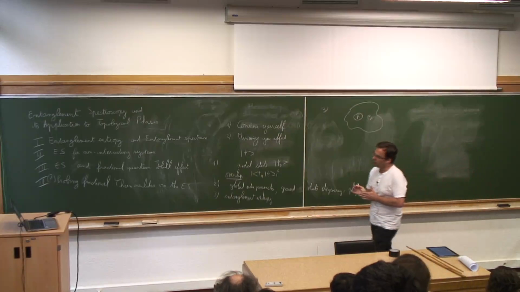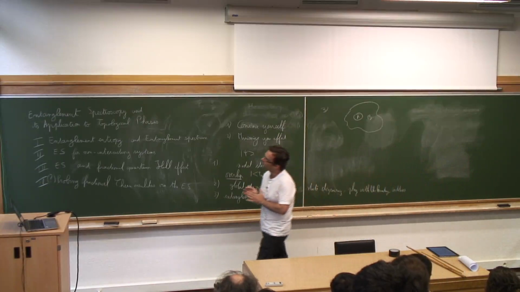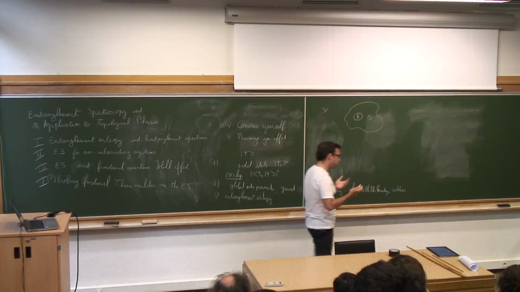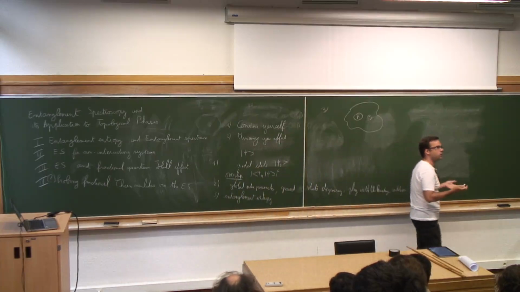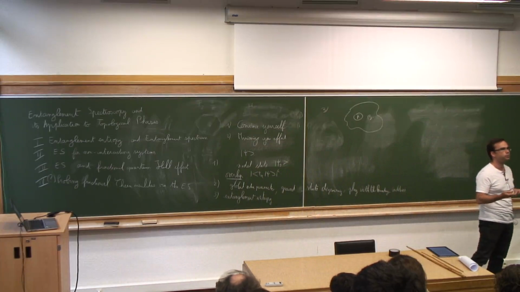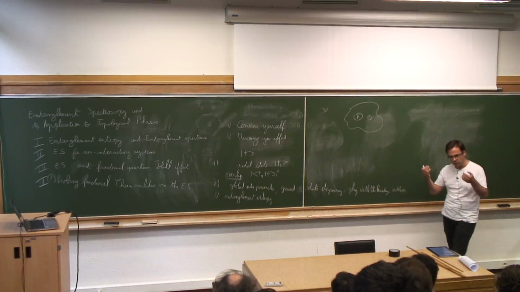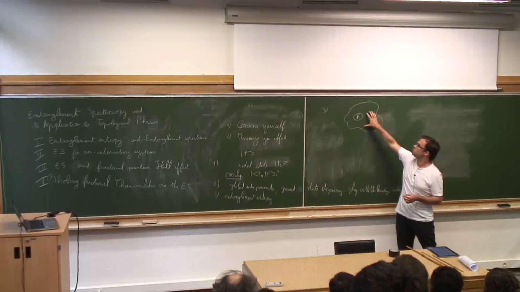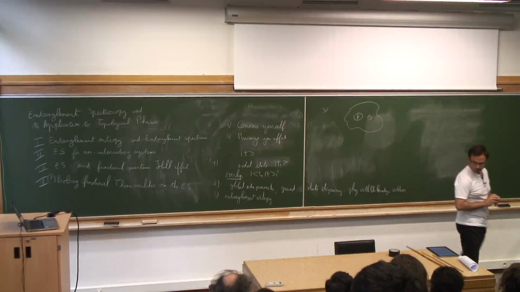But actually, what happened in 2008 in a paper by Li and Haldane, instead of looking only at the entanglement entropy, they decided to look at the full entanglement spectrum. The entanglement spectrum is just the spectrum of the reduced density matrix when you trace out this part B of your system.